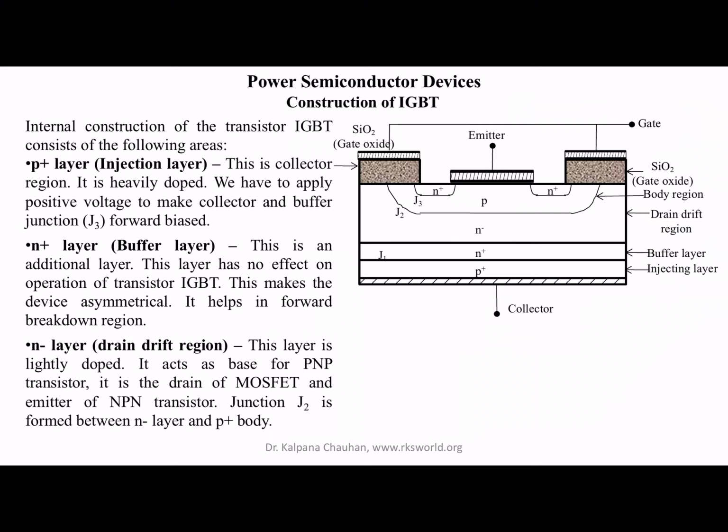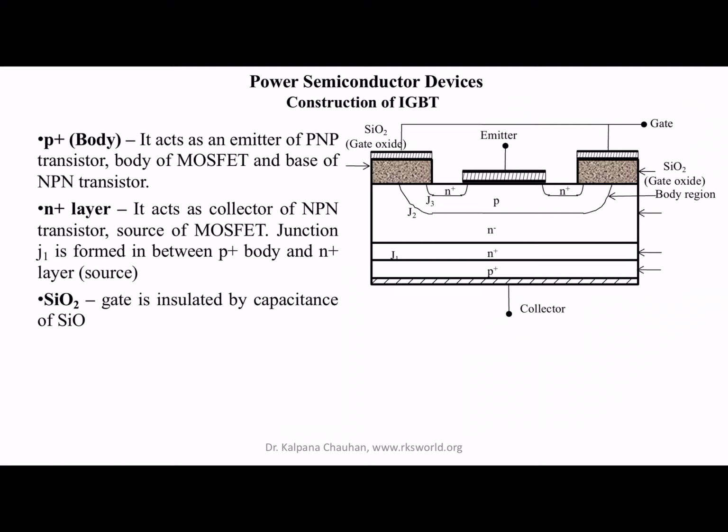The next layer is the N minus layer, the drift, or we can say the drain drift region. This layer is lightly doped. It acts as the base of the PNP transistor. It is the drain of the MOSFET and the emitter of the NPN transistor. Junction J2 is formed between the N minus and the P plus body.